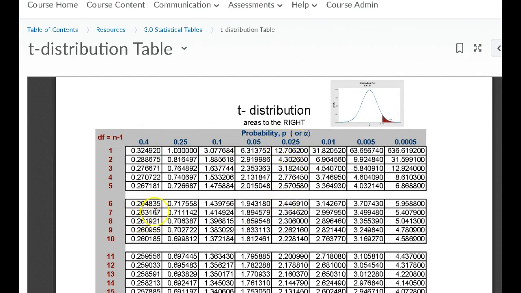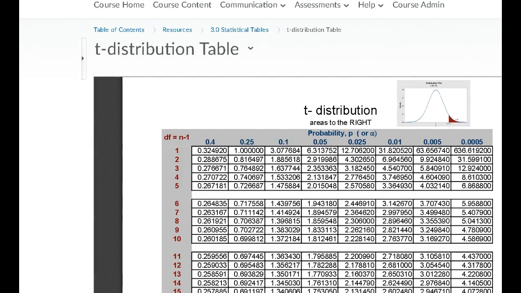I come down to 7 degrees of freedom. And here's the t-value I'm using. And I think in the calculation I use 2.365, if you round that off to 3 places after the decimal, and that is the value that your textbook also gives you in the table that it provides for you.